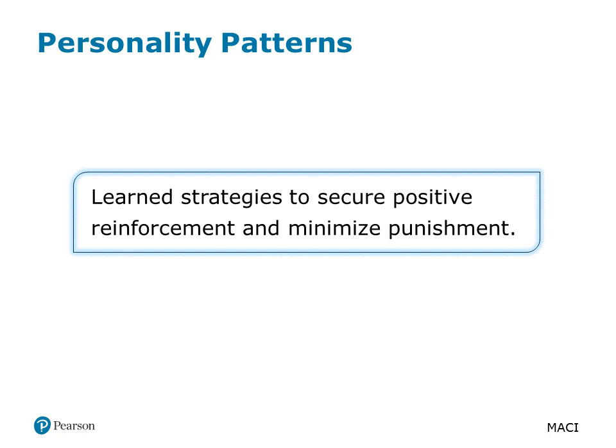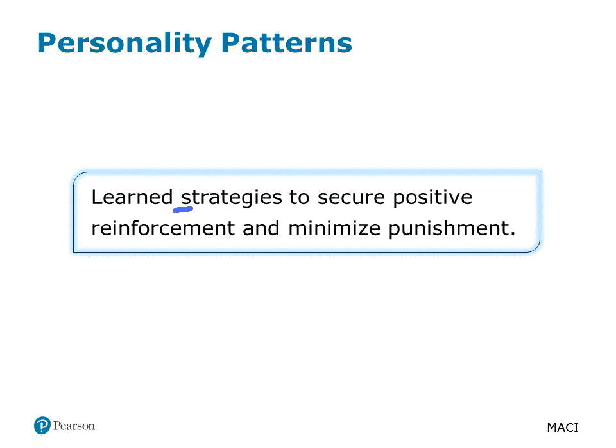And that is because the personalities of adolescents are developing and they are not as stable as the personalities of adults. So if you think about personality patterns, especially as they pertain to adolescents and teenagers, think about these as the strategies that we learn that will secure for us positive reinforcement and minimize punishment.